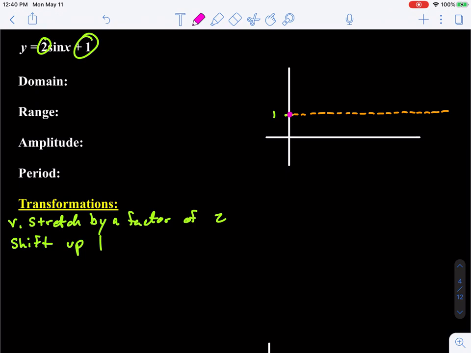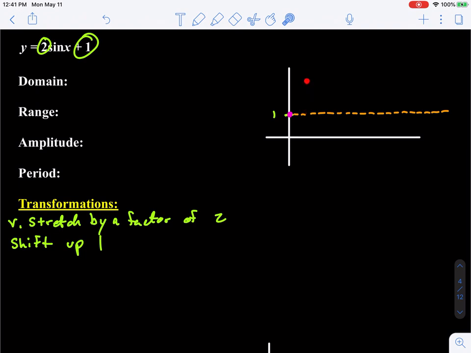Now, we do have a vertical stretch by a factor of 2. And if you'll recall from the other notes, the vertical stretch tells you what your amplitude is going to be. The amplitude is the distance from your central axis to the highest point on your sine graph.